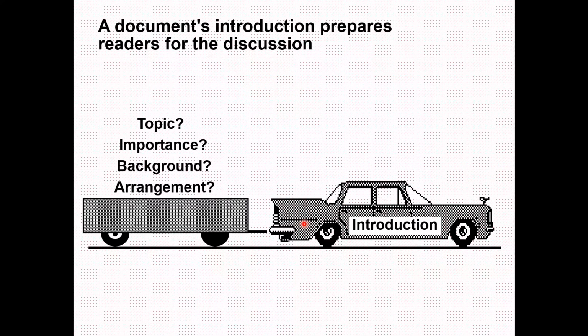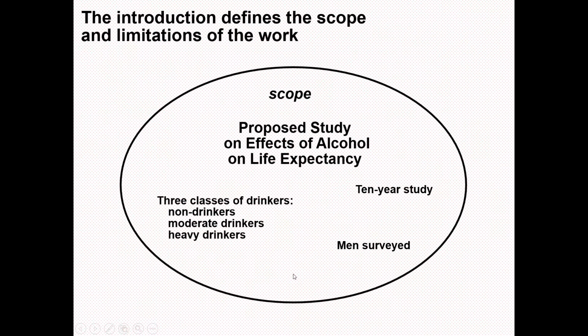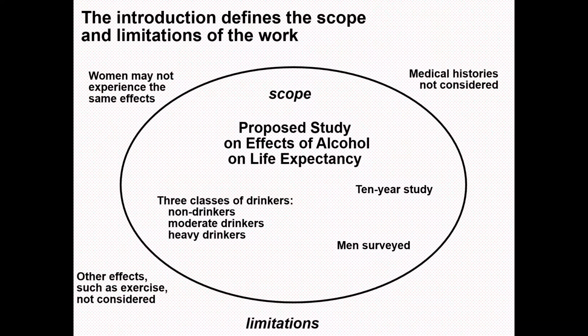Without a good introduction, I think it's almost impossible to have a well-written scientific paper or document. So the introduction defines the scope and limitations of the work. For example, you propose a study on the effect of alcohol on life expectancy.